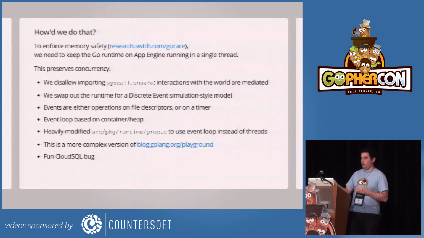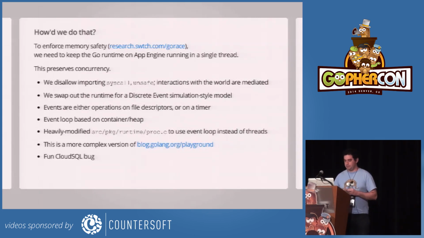So a web app in Go on App Engine can only run on a single CPU thread at a time. While it's doing other things, it can switch to running a different goroutine, but it can't have two goroutines running on two different threads at the same time, potentially dueling over a piece of data. This preserves our memory safety and preserves concurrency, but just makes it safe.